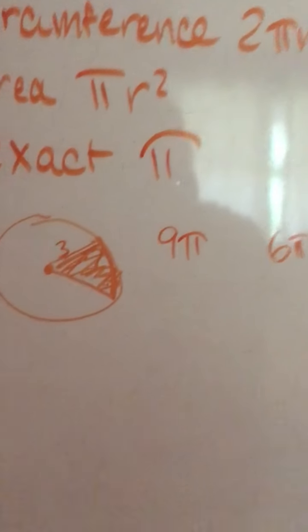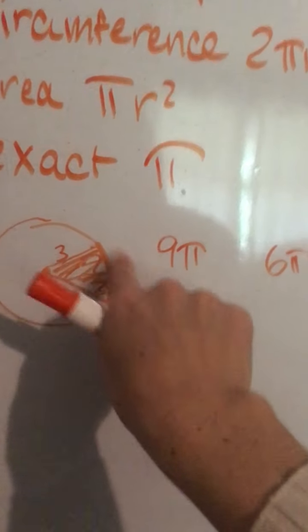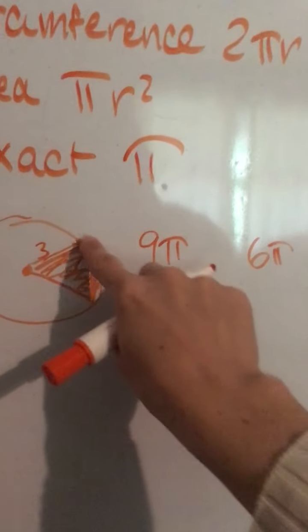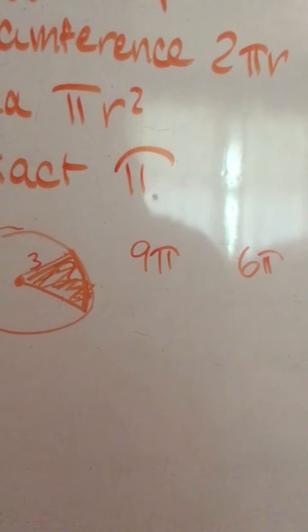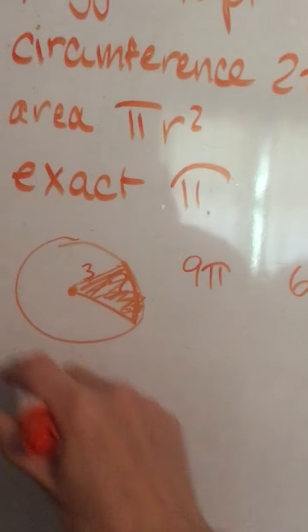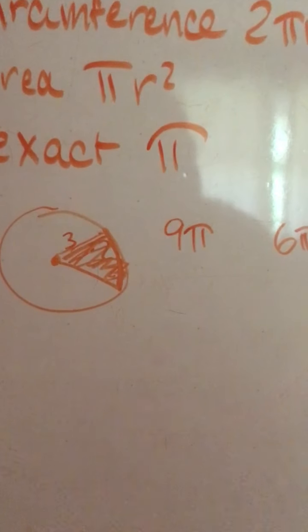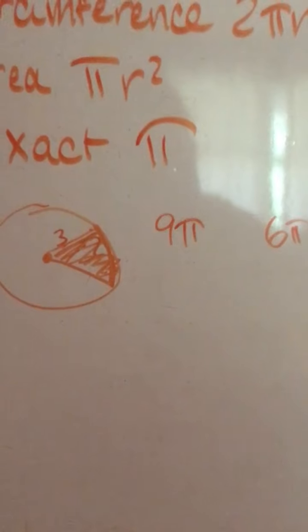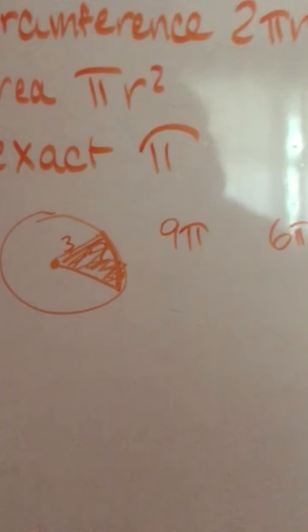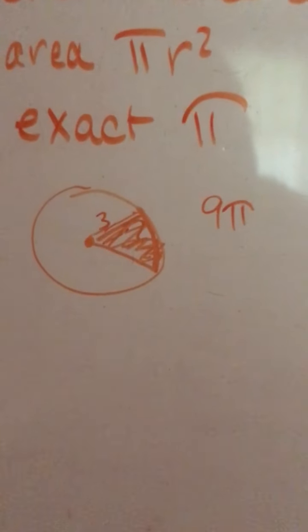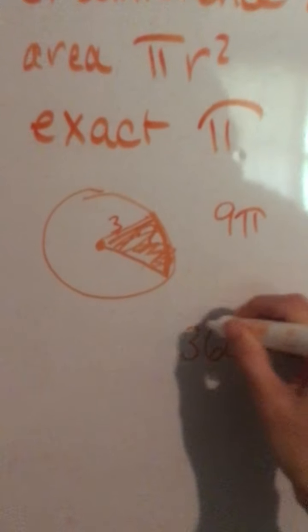So then if I ask you to find the area of the pie piece or the length of the pie crust, what I need to know is what fraction of the whole pie that one piece is. If you're given an angle measure, that's pretty simple to do. If you're given what fraction of the circle it is, that's also an easy way to do it. But I know that the entire circle is 360 degrees.